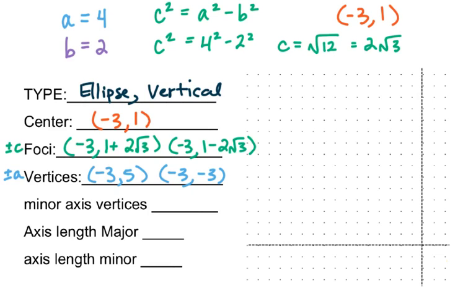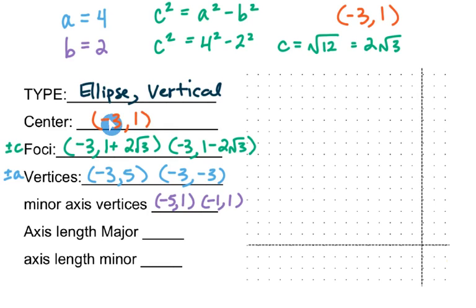The minor axis vertices, the minor axis is a horizontal, and we use B in order to determine that. So horizontal means a change in the X value. So my minor axis vertices will say -3 minus 2, I've got -5, 1, and -3 plus 2, I've got -1, 1.